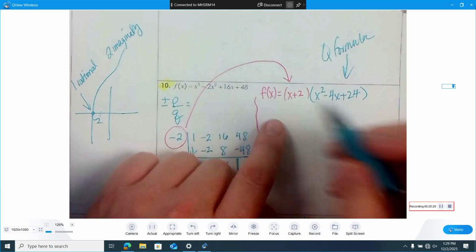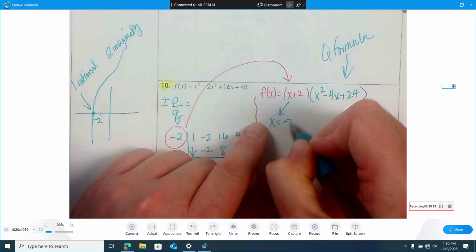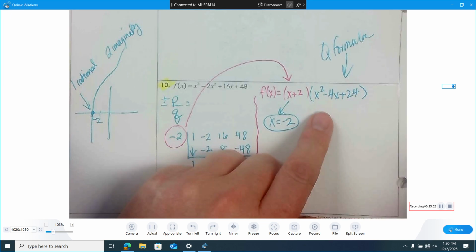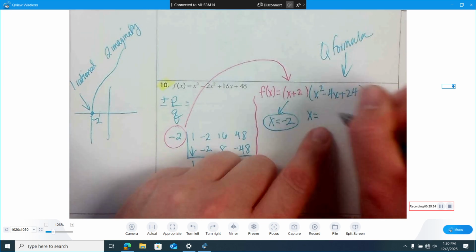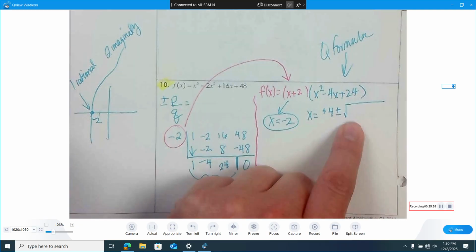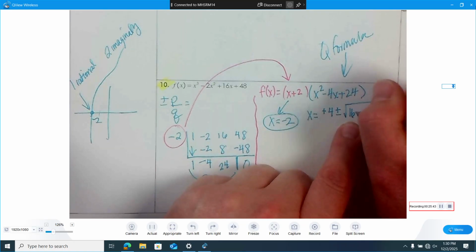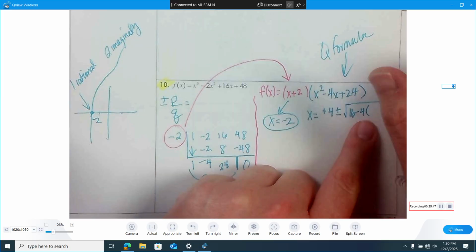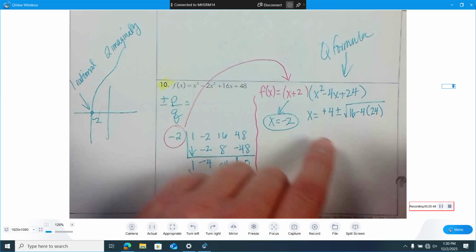All right. Here, I know that x equals -2. That's one of my zeros. But over here, I got to use my quadratic formula. So x equals the opposite of b plus or minus the square root of b squared. What is b squared? 16 minus 4ac. A times c, 1 times 24 is just 24.